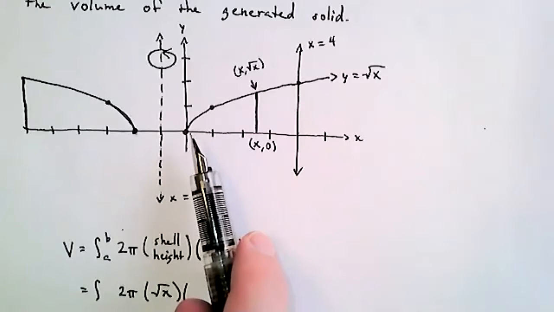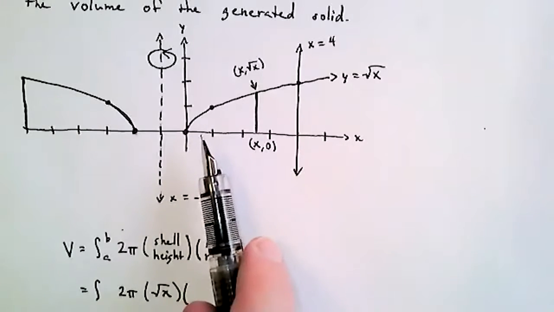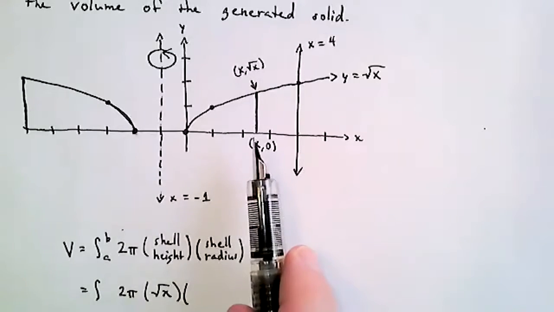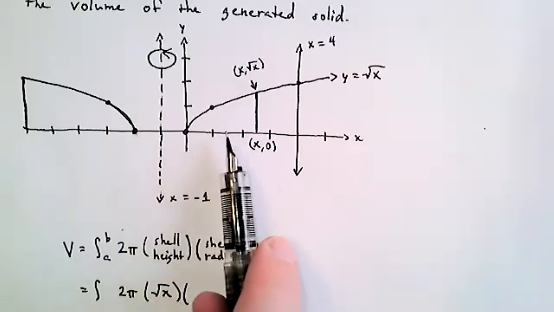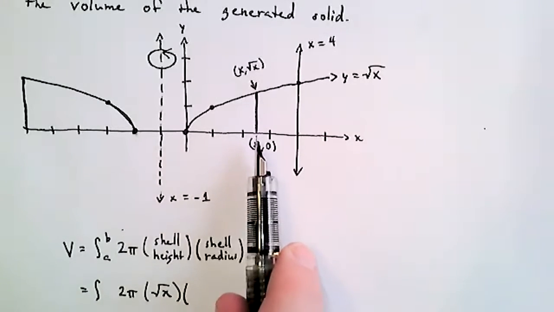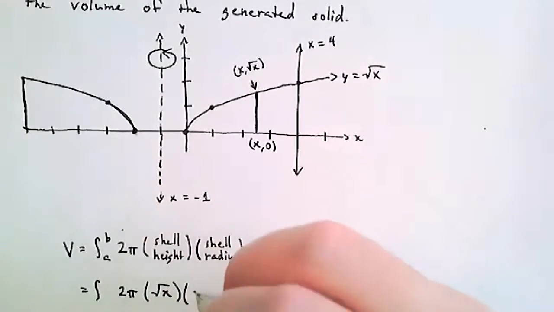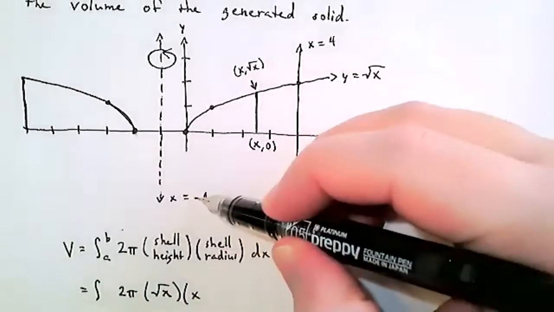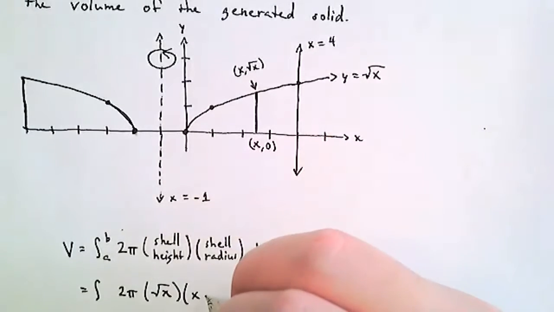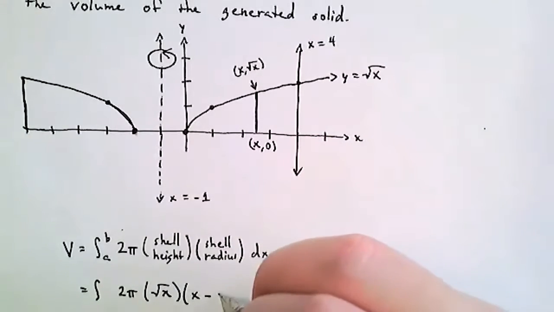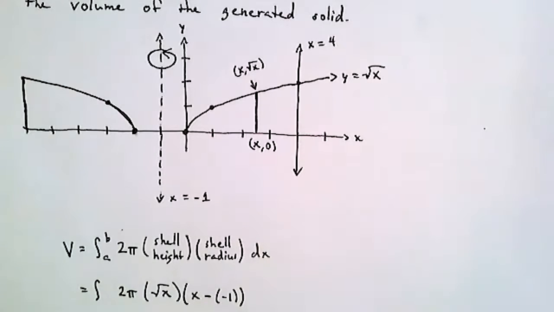X minus 1. Okay, x minus 1, you're very close. Because if we're finding the distance between 2 points, we subtract. So x minus whatever this value is. But keep in mind that this is a -1. So we have to subtract -1, like this. So we actually end up adding 1.